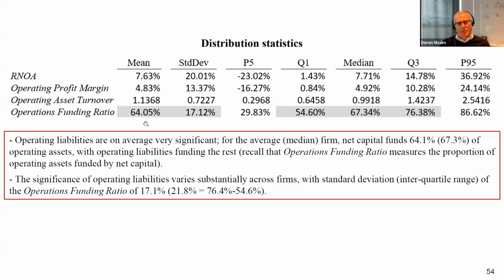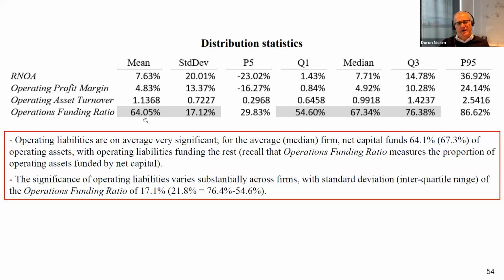And here you see that the operating funding ratio is significant for many. So if there are no operating liabilities, this will be 1, because then net operating assets will be the same as operating assets. When you do have operating liabilities, it will be less than 1.